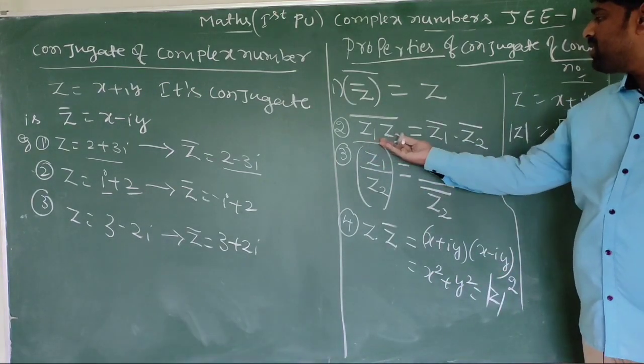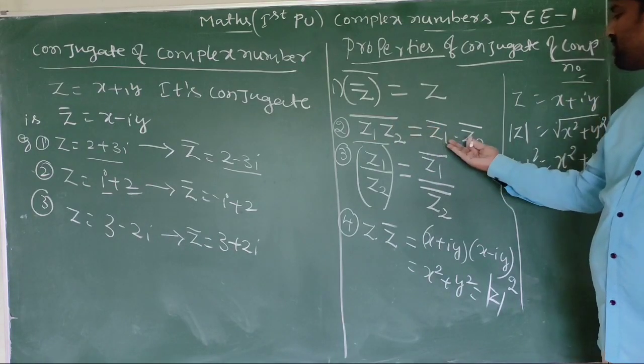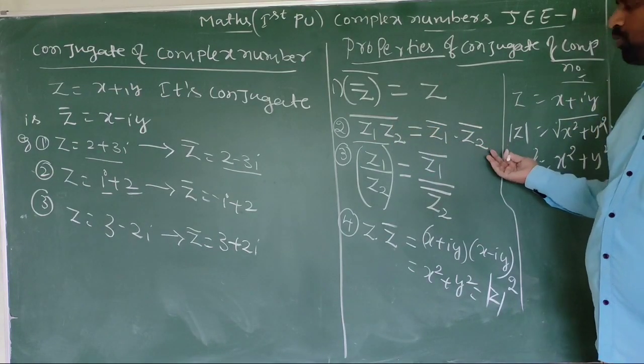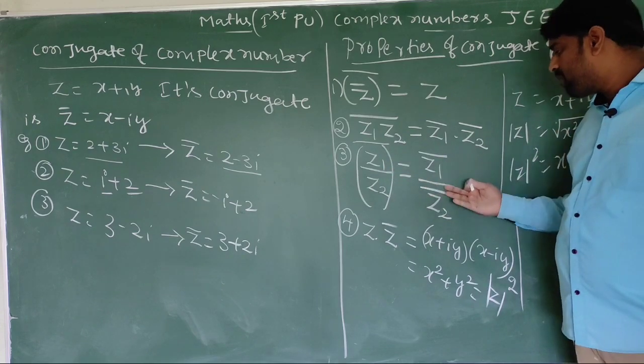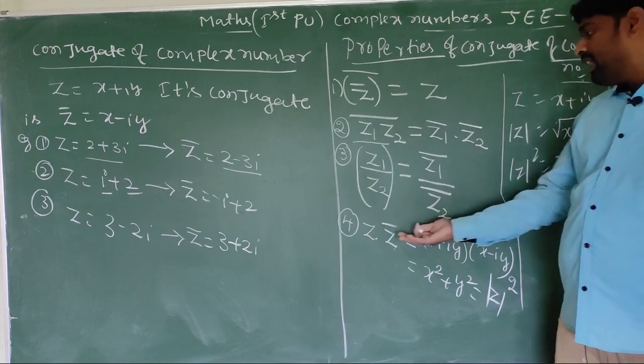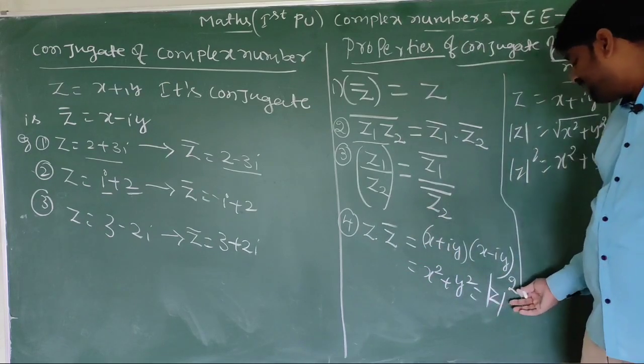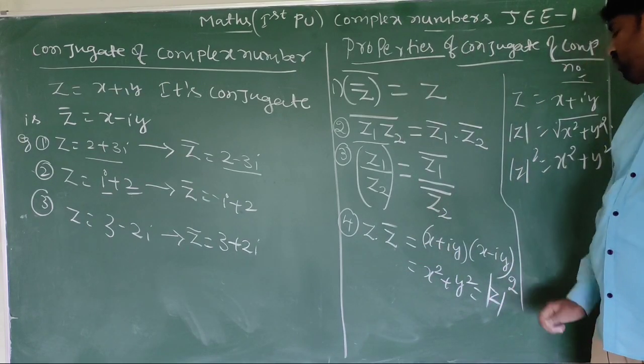Next one is z1 z2 whole bar equals z1 bar into z2 bar. z1 divided by z2 whole bar is z1 bar divided by z2 bar. z into z bar is nothing but modulus of z square.